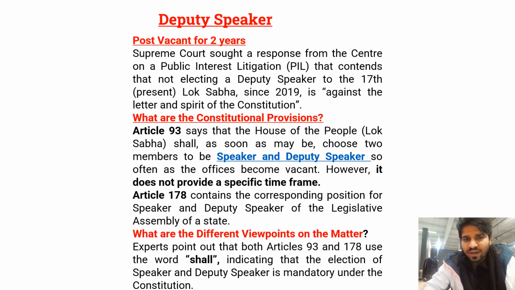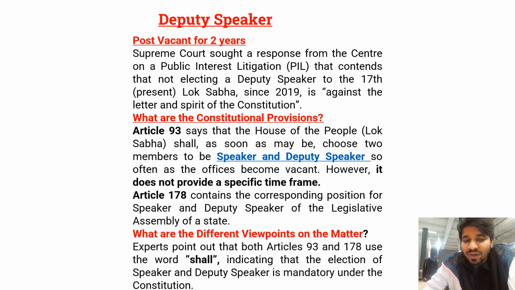So Article 93, right? It says that the House of the People shall, as soon as may be, choose two members as speaker and deputy speaker, so often as the offices become vacant. However, it does not provide a specific time frame. So Article 93 ensures that as the speaker is chosen, the deputy speaker should also be chosen, but it does not provide any time frame, right?